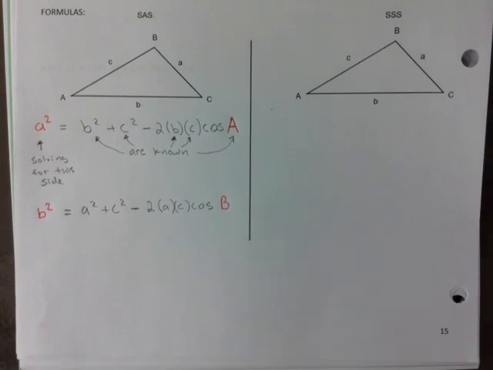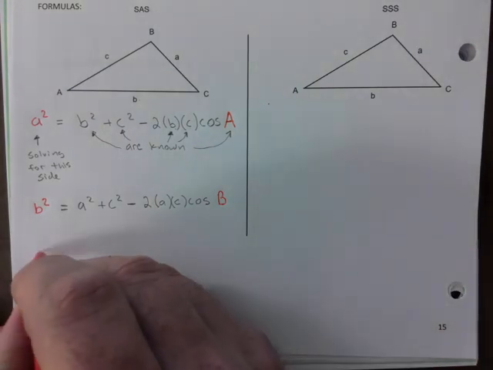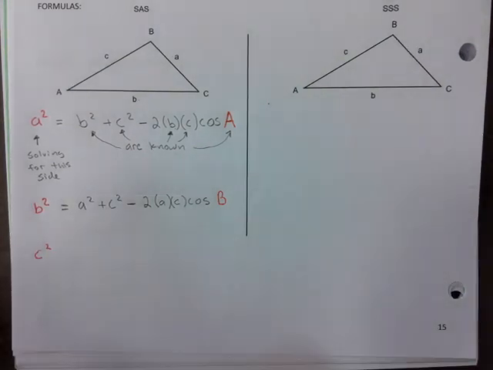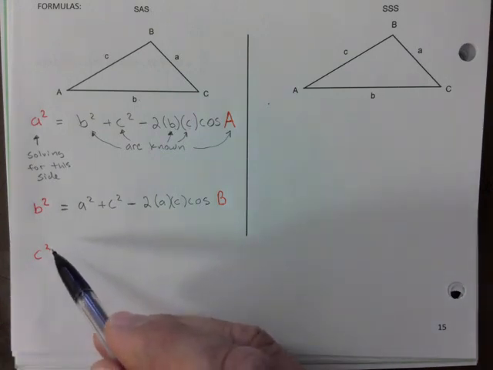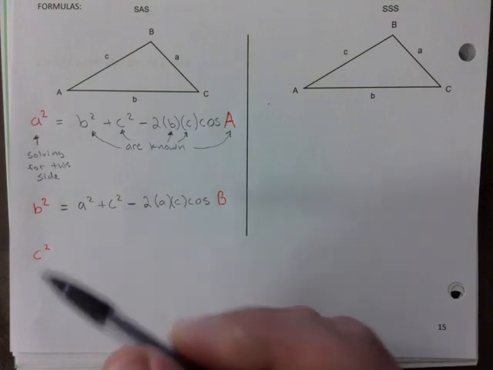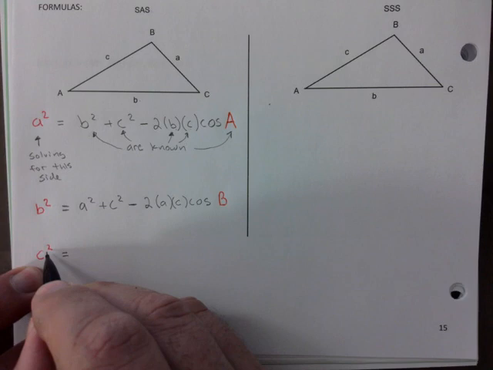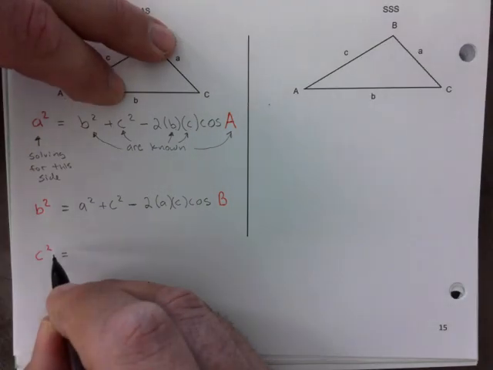Bingo. And let's do the third variation. Really, you only need to know one. If you know how this goes, what the pattern is, you're good to go. But it's good practice. If you wanted to solve for C, remember it's C squared. That means that we're going to have to square root at one point. Okay, guys? We're going to have to square root. So if you want to find C, that means that A and B is given to you, right?